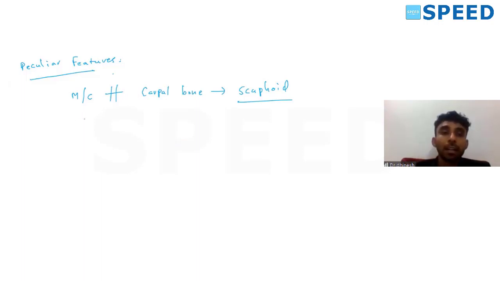And if the question is most commonly dislocated carpal bone, what should be your answer? Exactly, lunate bone. Lunate dislocation is very common.